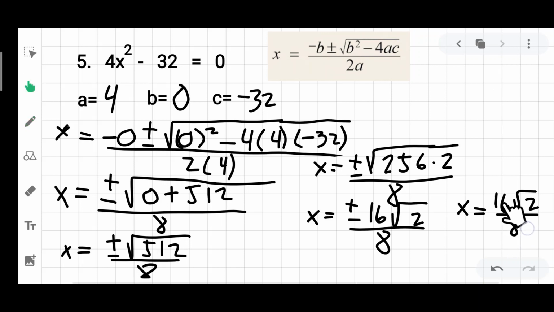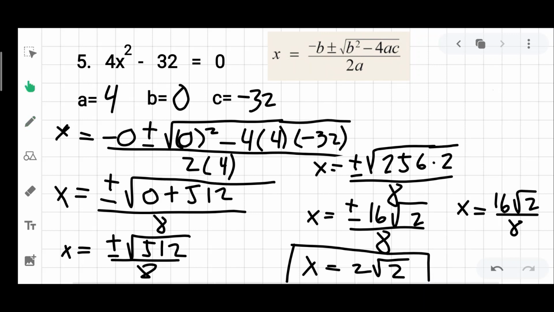Ngayon, si 16 at saka si 8, merong number na pwedeng i-divide sa kanilang dalawa. Which is 8. Di ba? 16 divide 8. The answer is 2. So, x equals 2 square root of 2. So, ito na yung una nating solution.